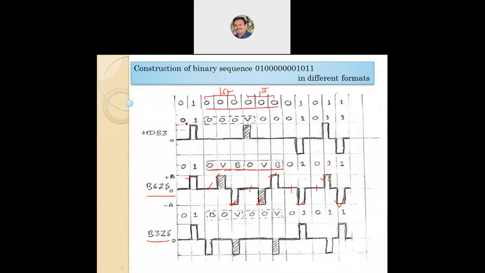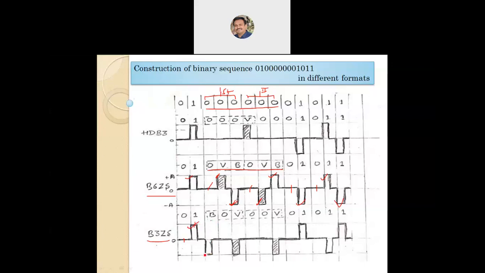Now for individual bits we may draw. 0 will be 0 as per bipolar, 1 will be plus amplitude. Next, for these first three bits we have chosen the B0V combination. So B0V, B means 1, which is going to follow the bipolar rule, hence the previous bipolar 1 has positive amplitude.